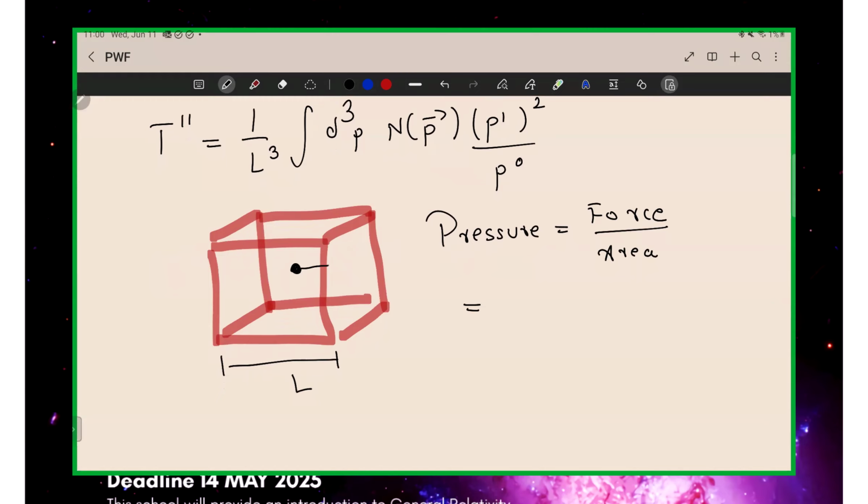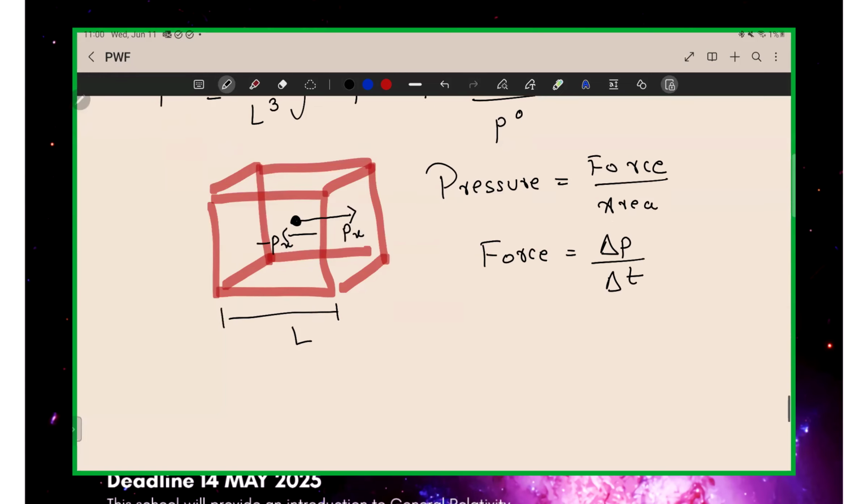Suppose that the particle comes here with velocity v, or momentum p_x, and it goes back because it has an elastic collision, with momentum minus p_x. Force is change in momentum divided by change in time. That's the relationship between force and change in momentum.